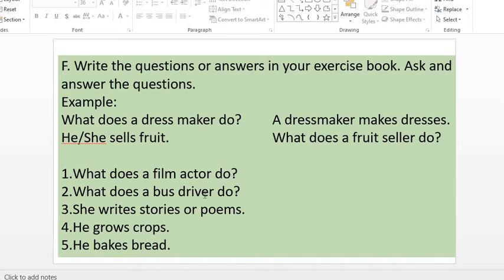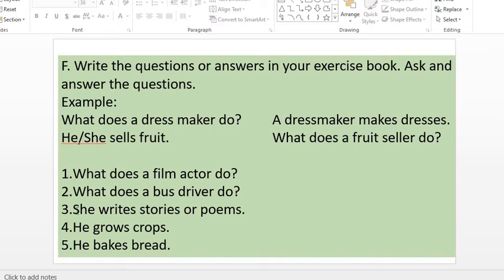We skip the E for the verb drive, and we add the ER suffix with the verb. It makes into a noun, an occupation, driver. The person who drives is a driver.